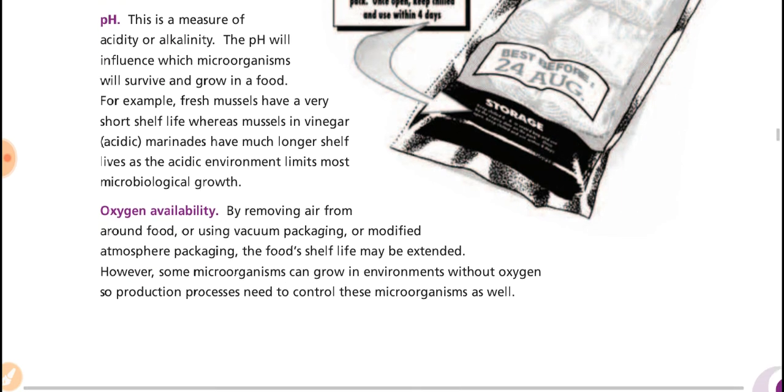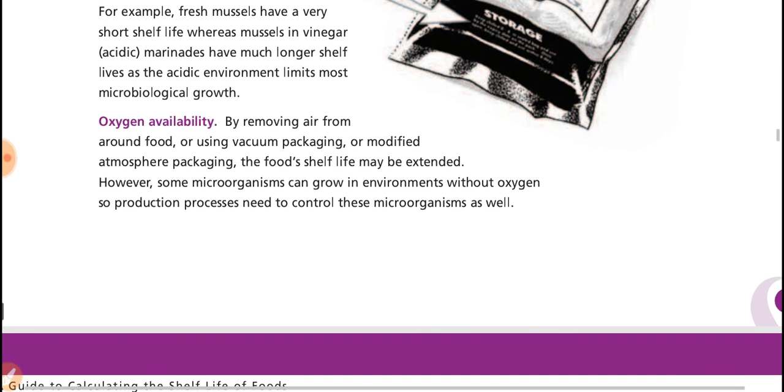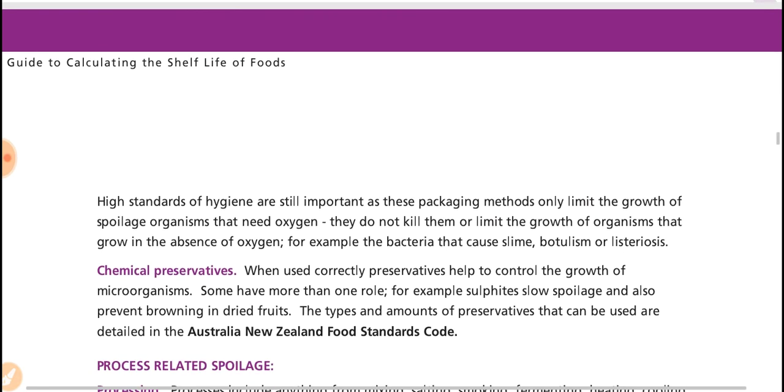Then oxygen availability, that is also an important thing. If your food material is exposed to oxygen, it may become rancid, then your food is spoiled. And if aerobic microbes are there, they may also develop. So all these things determine the shelf life.